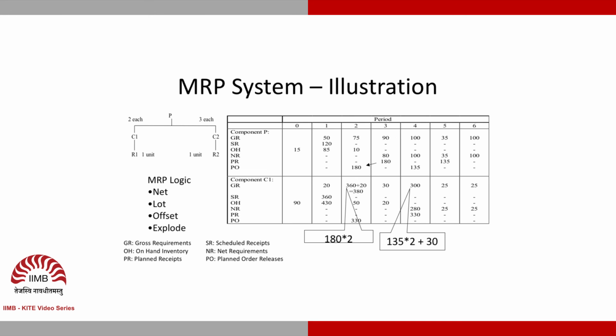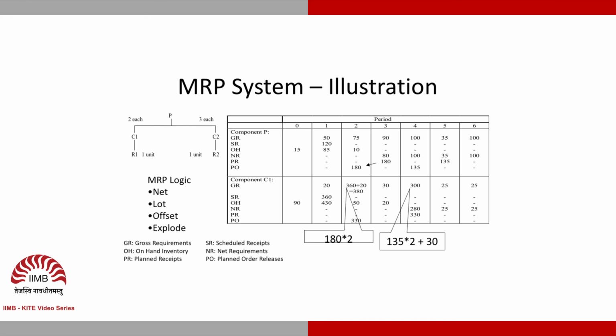So, we have to derive the demand for item C1 from the demand for item P, and that is where in period 2, if we have to launch a batch of 180 for component P, for C1, that being 2 per set requirement, we have to release 180 times 2, that is 360.